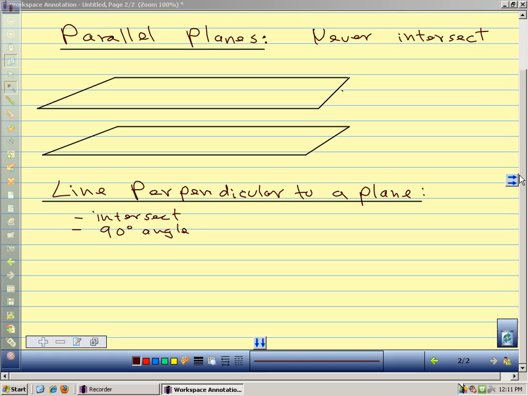Does the line through the markers make a 90-degree angle with the plane? No. We need it to face this way to make a 90-degree angle with the plane. Anybody have an idea what we could do to make sure that it makes a 90-degree angle with the plane?